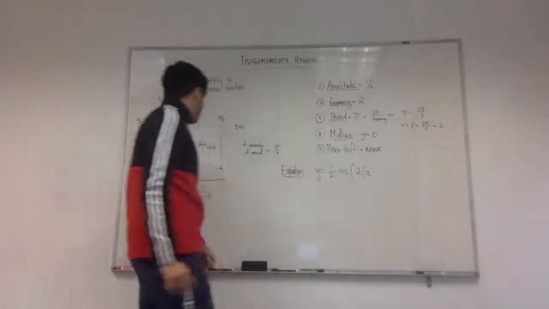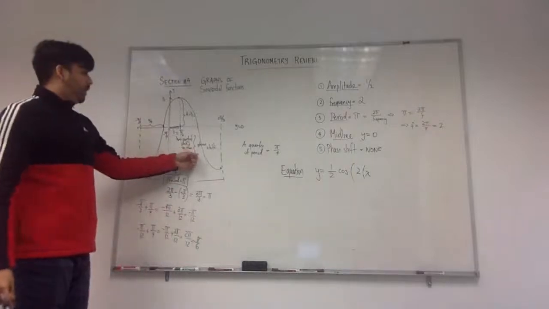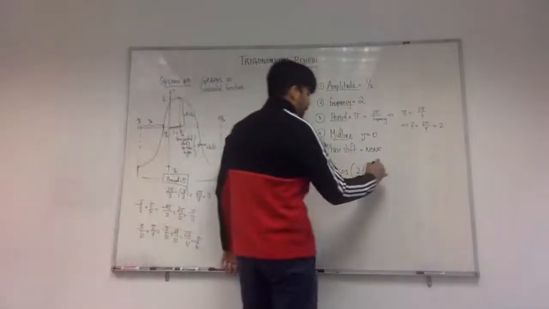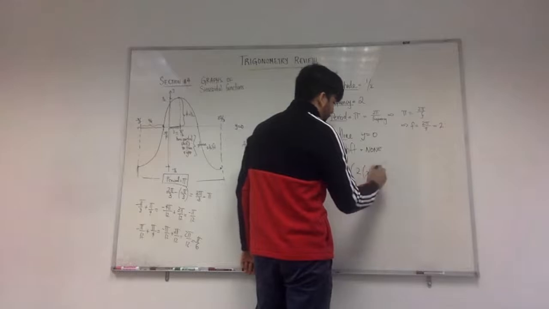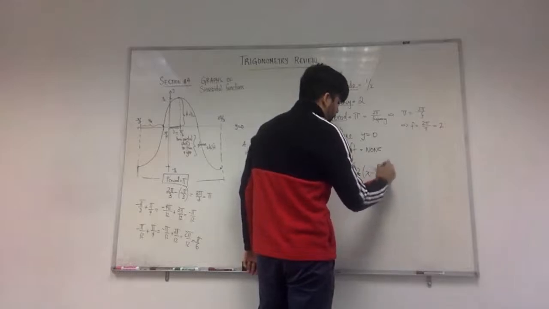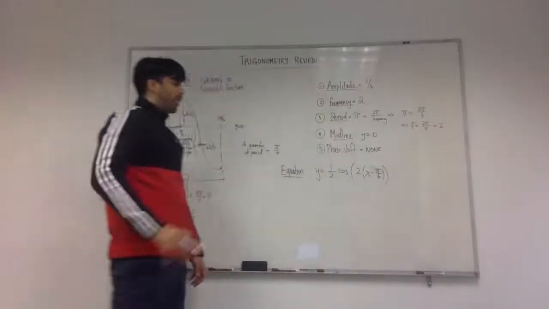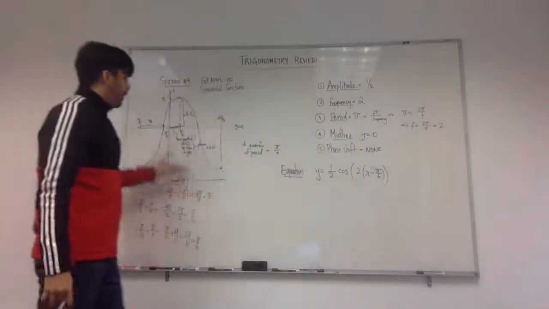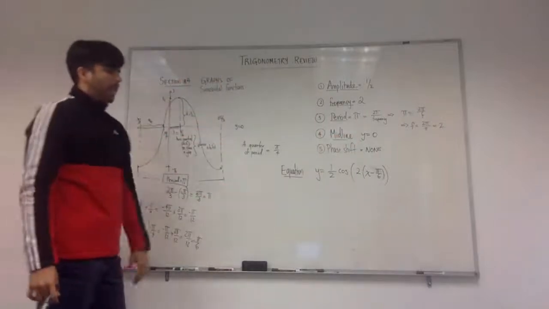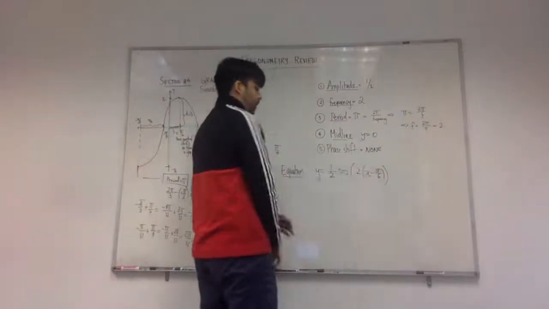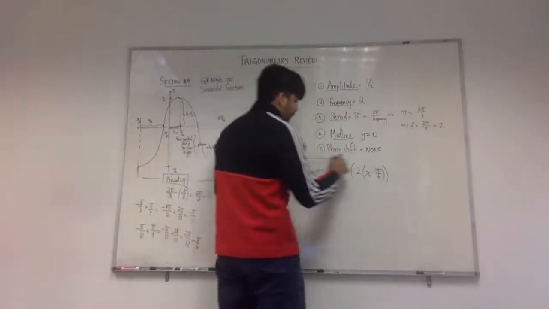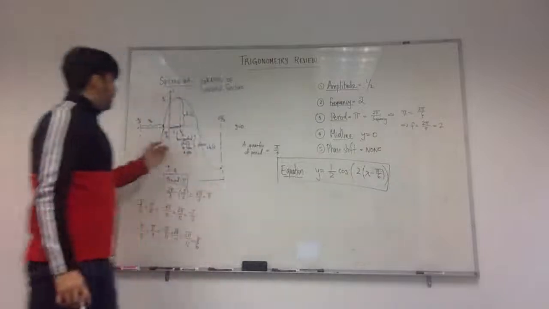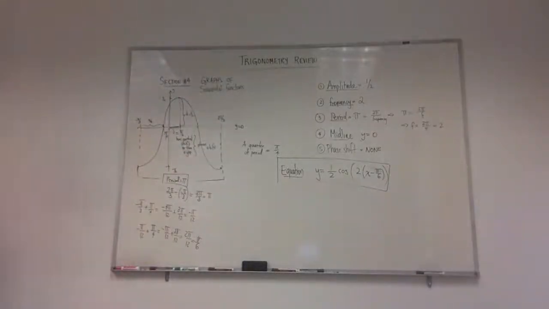And make sure you remember x is being shifted to the right by pi over 6, so I have to subtract pi over 6 because this represents a horizontal shift. And since there is no vertical shift, this would be the final answer. So this is the equation that represents this curve from negative pi over 3 to 2 pi.